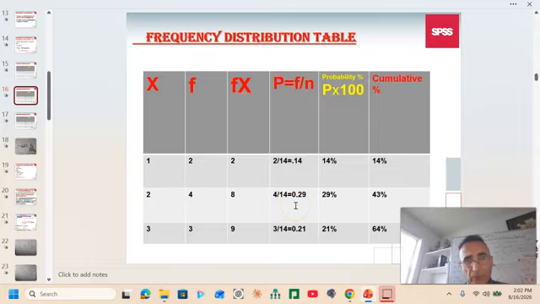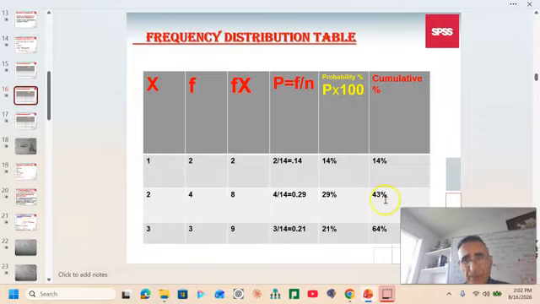So the proportion of 2 is 4 divided by 14, which will be 0.29. This is the proportion, the first P in red, of 2 in that distribution. If I say convert that to percentage, which is the probability, you multiply that by 100. So 0.29 times 100 is 29%.